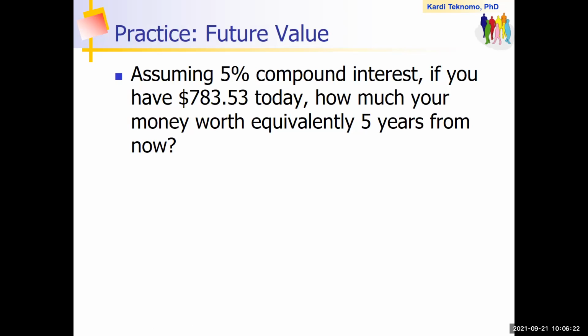Suppose you have a 5% compound interest and your money today is 783.53. How much is your money worth equivalently 5 years from now? Anyone who can answer this quickly, you can claim your recitation point.